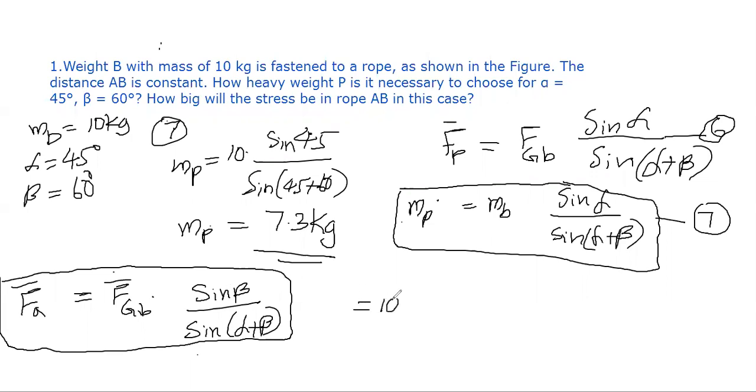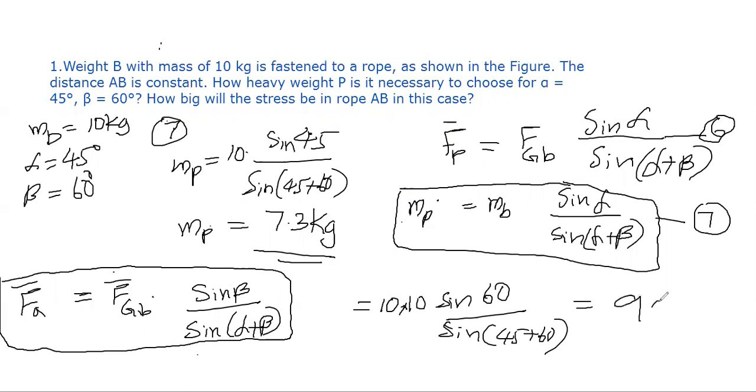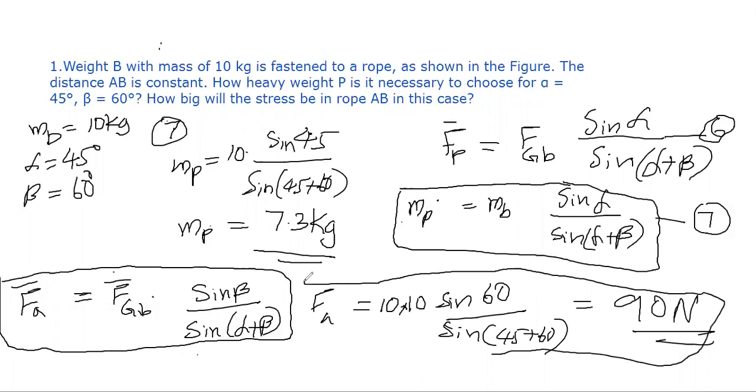So mass of B is 10 and g as 10. 10 times 10 times sin 60 divided by sin 45 plus 60. If you calculate it, you will get 90 Newton. So the force with which the rope is tied to the wall is 90 Newton.